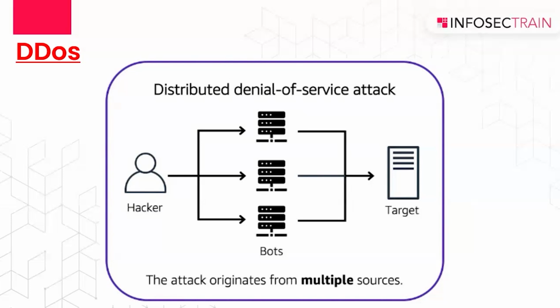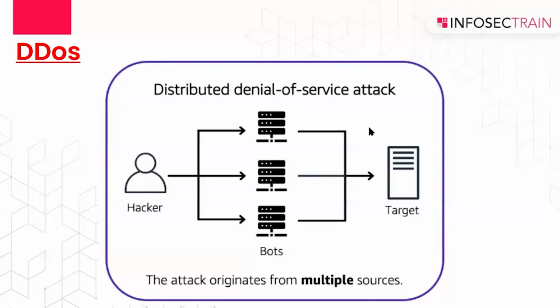This is what we have in a distributed denial of service attack, a more complicated version, because the attacker is not making direct contact with the target. It's hiding behind the bots which are present in different parts of the world. So eventually, AWS Shield protects us from DoS and DDoS attacks.